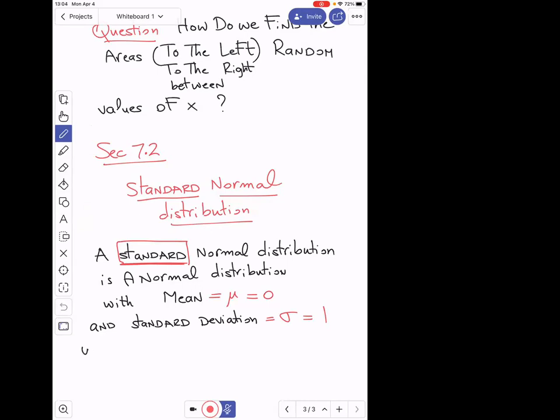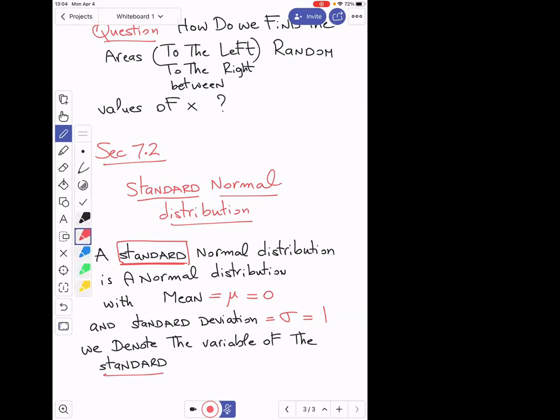So we denote the variable of the standard normal distribution by z. The standard, again, means that the mean is 0 and standard deviation is equal to 1.